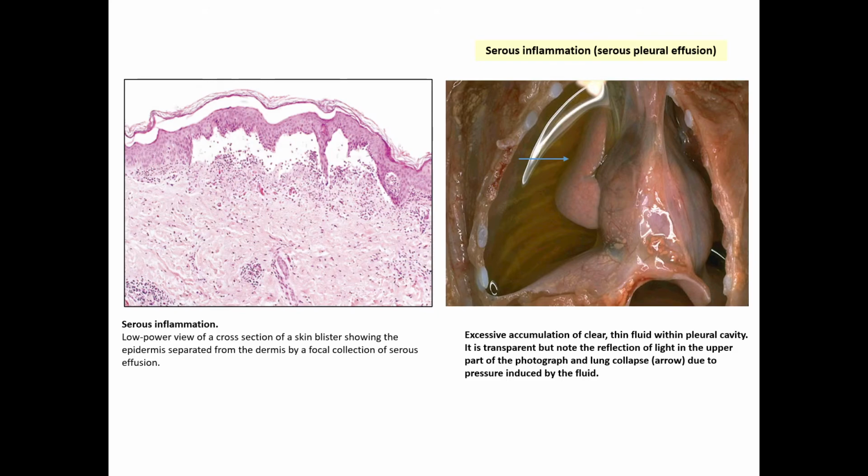The small piece in the center is the shrunken lung, the remaining lung because of the pressure of the effusion on the lung. It is transparent, but note the reflection of light in the upper part of the photograph. The lung will be collapsed; the arrow points to the collapsed lung due to the pressure induced by the fluid.